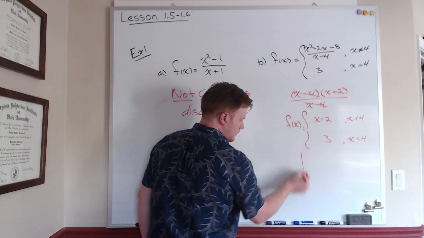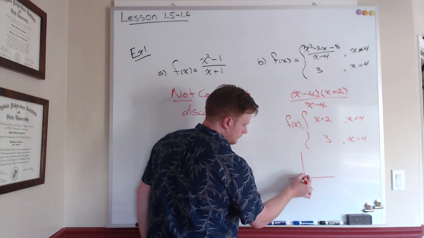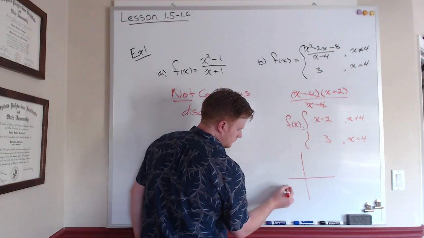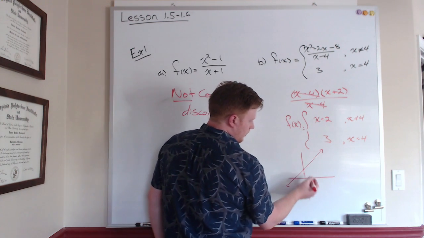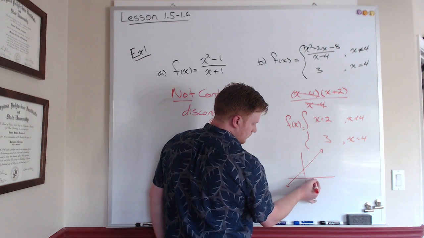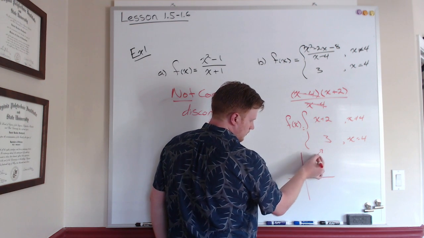So this top part is simply a line. However, at 4, there's a hole.